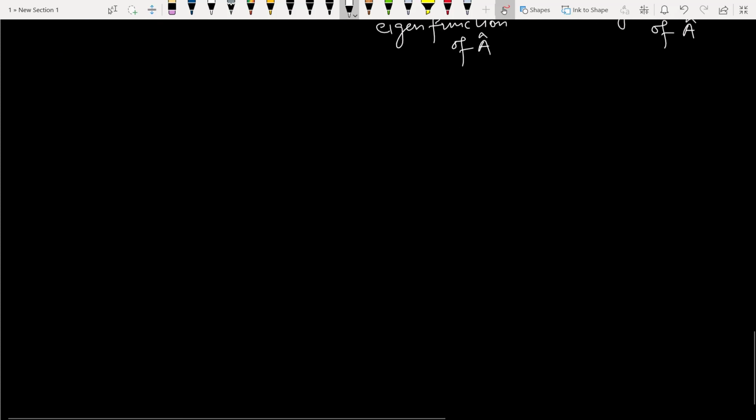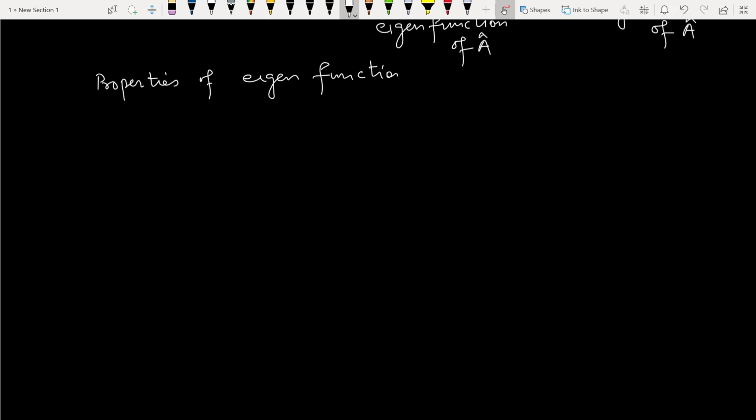The few properties an eigenfunction should follow. Properties of eigenfunction. Any function following the above equation is called an eigenfunction if it follows these properties.